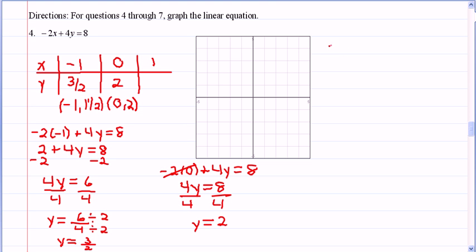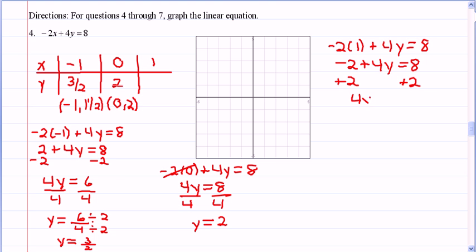And last, I take the x-coordinate of 1, substitute it in for x, and solve for y. So I add 2 to both sides, and I get 4y equals 10.